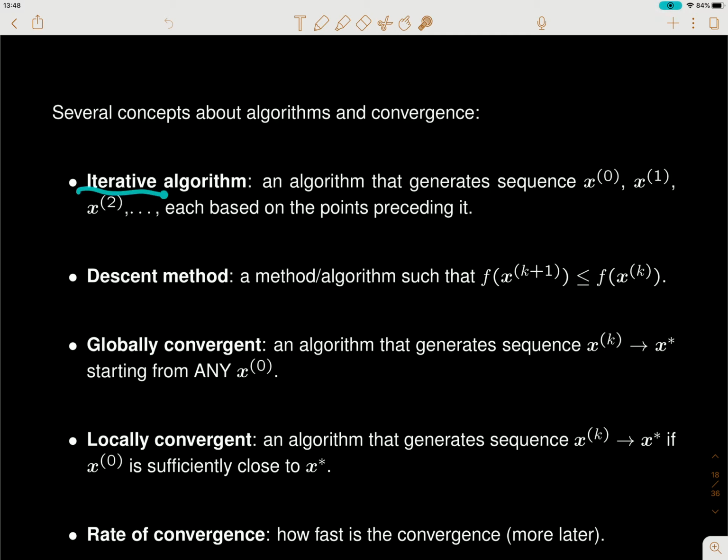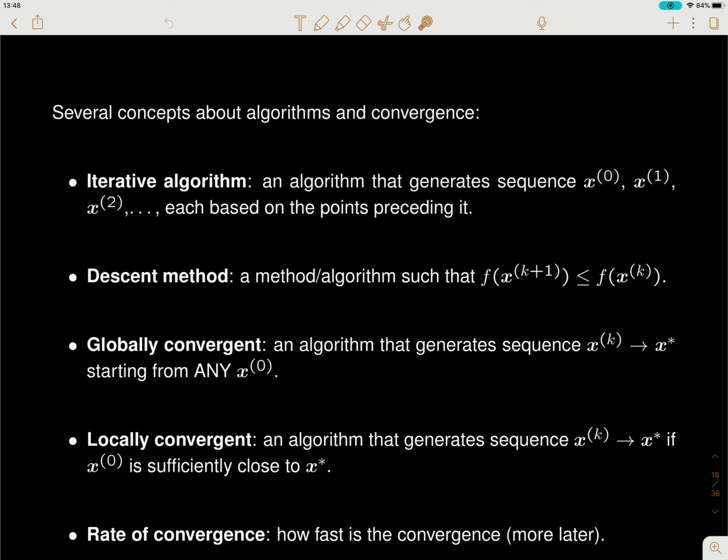So in general, all the optimization methods are expressed as iterative algorithms. Okay, and we call a method a descent algorithm or descent method if the sequence we generate using this algorithm satisfies this property.